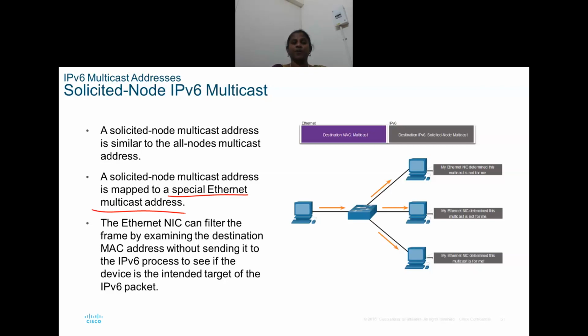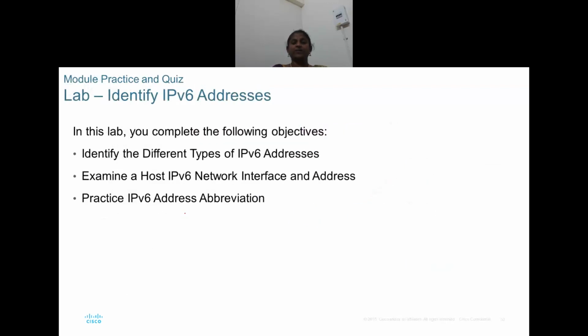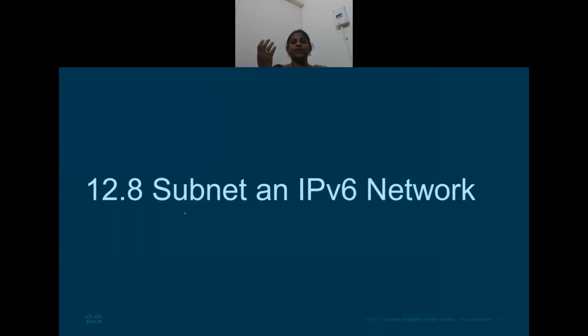So now even the node itself can filter whether that multicast message is for them or not. The NIC itself will filter whether that particular IP version 6 packet is for itself or not. Again there are practical exercises available. You can use your Packet Tracer to do it.